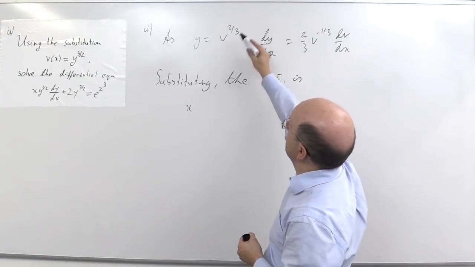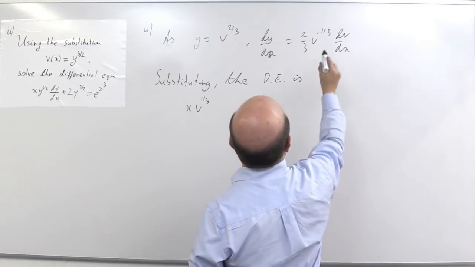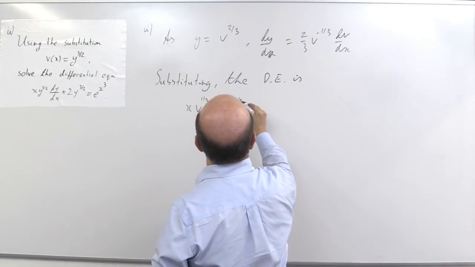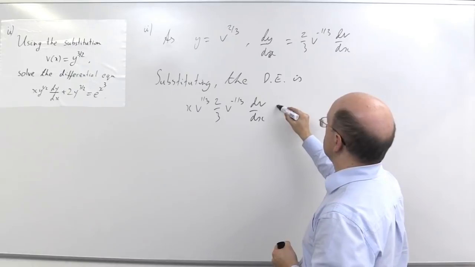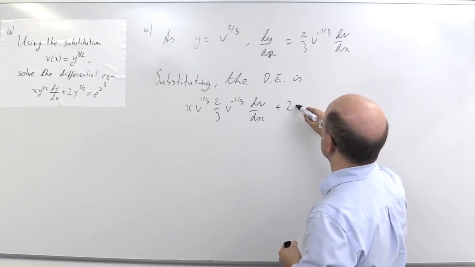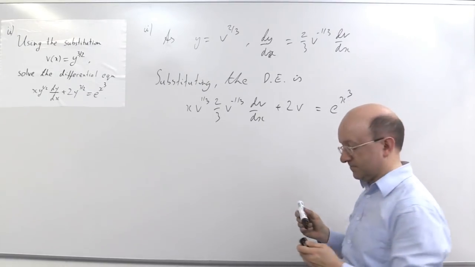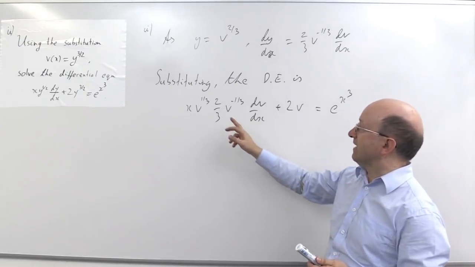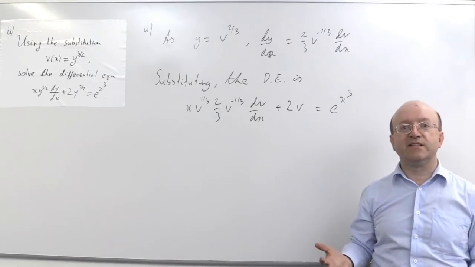Well, y to the half will be v to the 3rd. dy dx, we've already said, is 2/3 v to the minus 1/3 dv dx, plus twice y to the 3/2, which in fact is just v, and the other side won't be changed: e to the x cubed. And the v to the third and the v to the minus third cancel themselves off, and what we've got here is a linear differential equation.